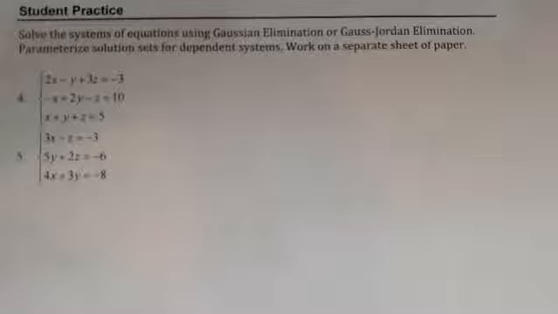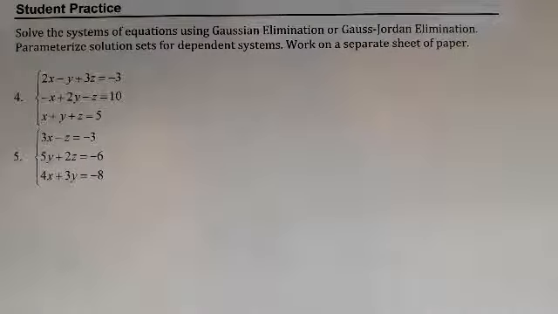Okay, so we have basically two more problems that they want us to put into matrices, and they want us to solve these using the Gauss-Jordan elimination, putting these into row echelon form. So the first step is putting them into a matrix.